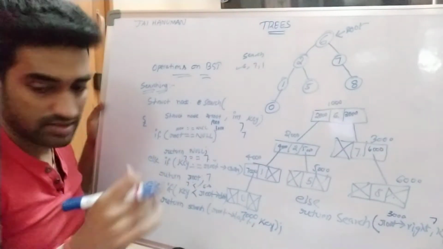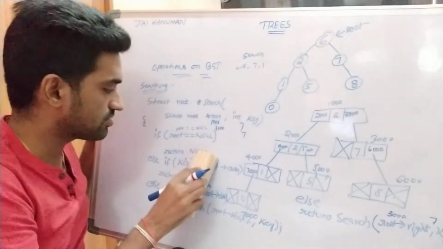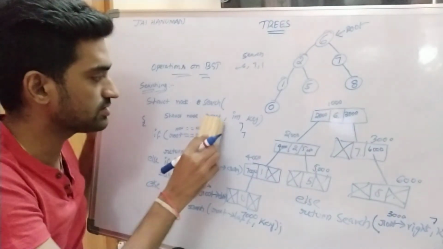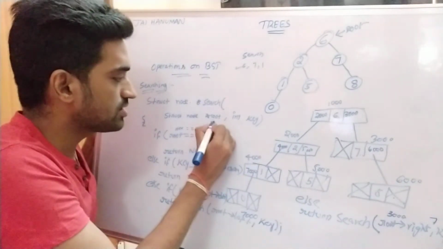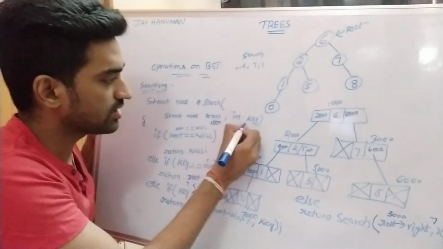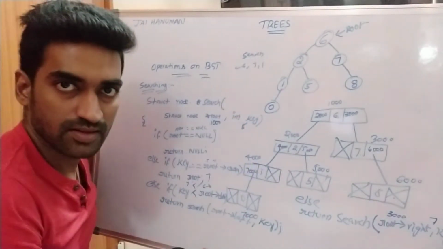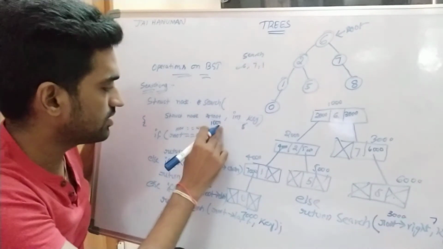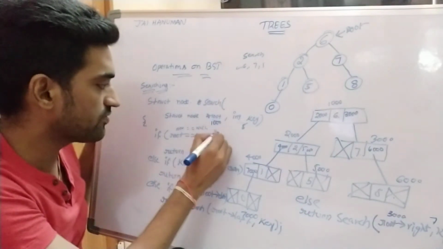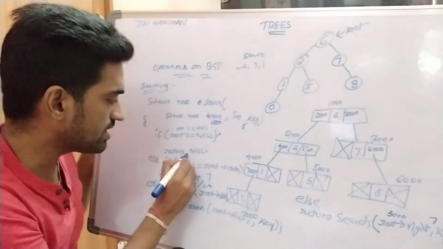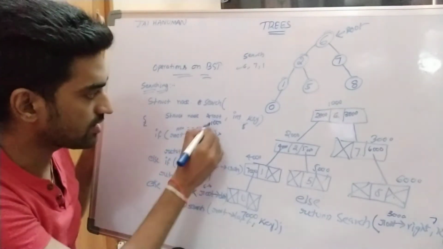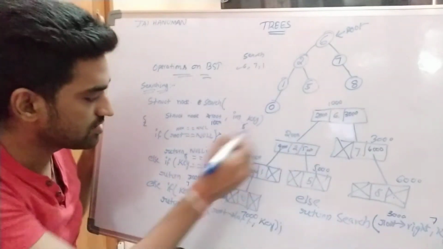Suppose the desired key element is 8. Initially the root node is 1000, and the key value is 8. First, the null condition is obviously a failure, since the tree exists. We check the next condition: 8 is equal to root data? The root data at 1000 is 6.